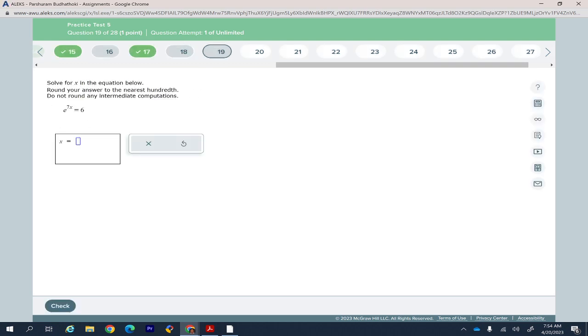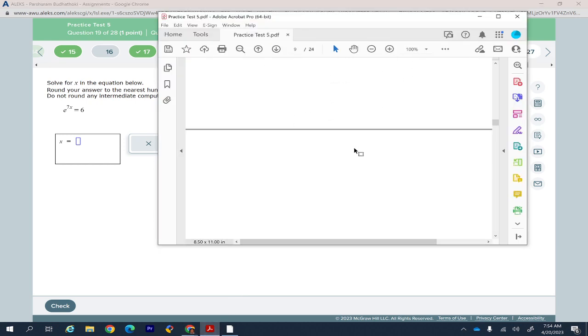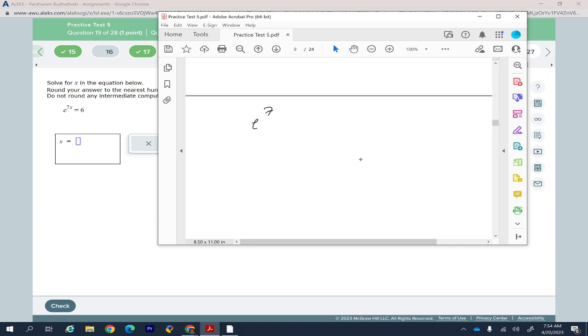Okay, solve for x in the equation below. Whenever you have an exponential equation like this, you have to take the log function of both sides. Based on this base e, if you take ln, then that would be easier. So by doing this, ln and e will cancel out, and the left side would be 7x, on the right side it would be ln 6.